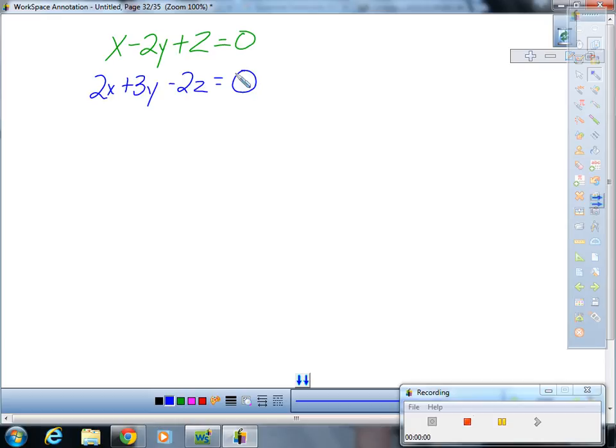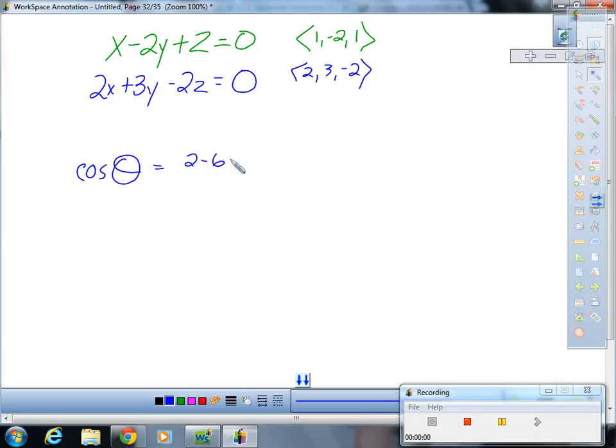All right, so the direction vector of the first is 1, negative 2, 1, and the direction vector of the second plane is 2, 3, negative 2.